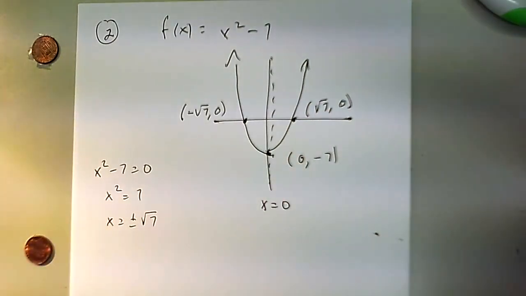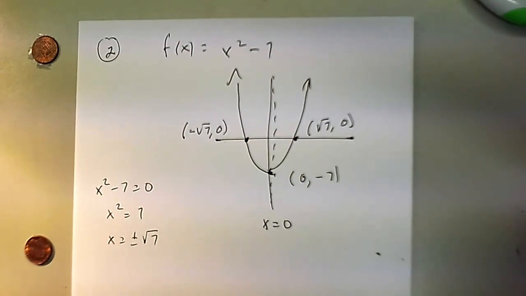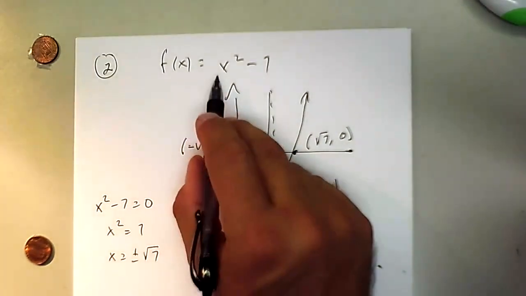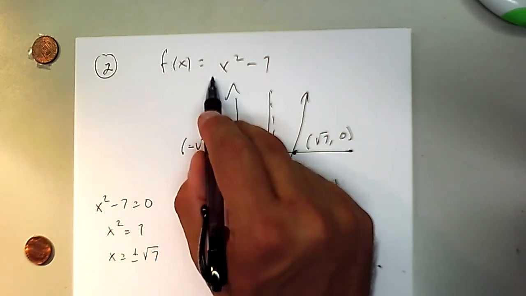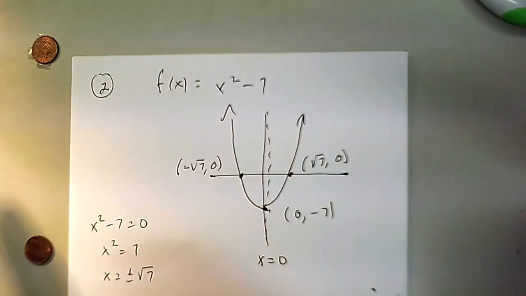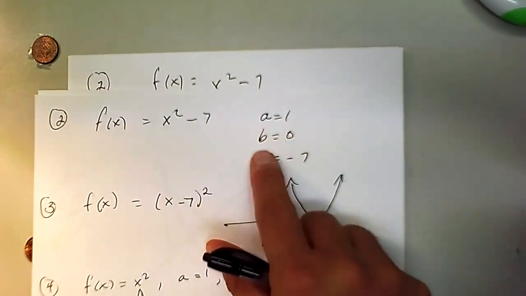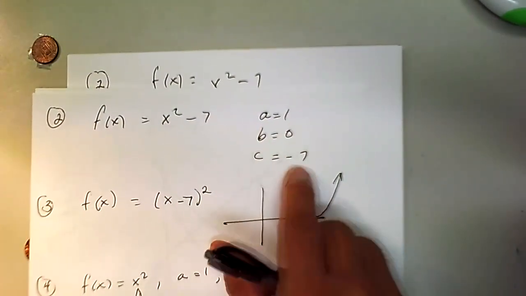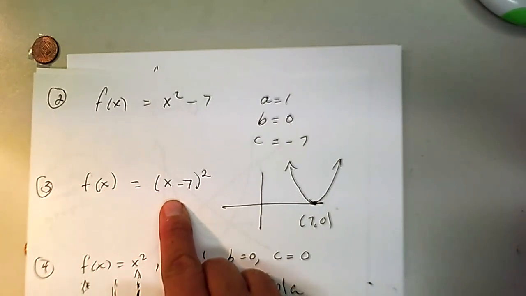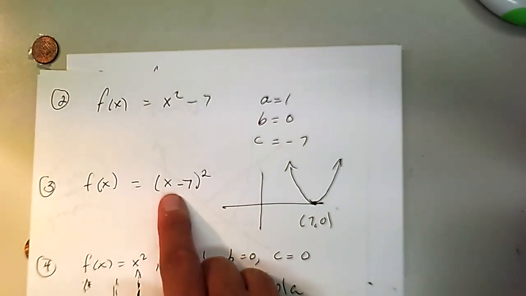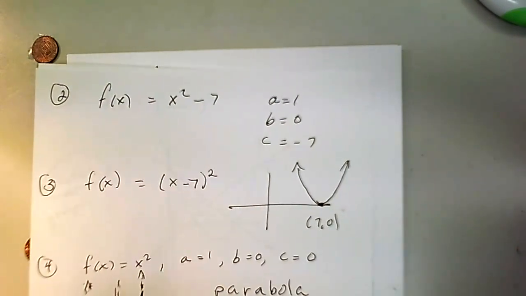So there's a lot of information we have to draw from a quadratic function. The very first thing we have to pay attention to is the coefficient of x squared, what a is. By the way, in example 2 back here, we said a is 1, b is 0, c is negative 7. Here, it isn't clear what a, b, and c are at first sight.